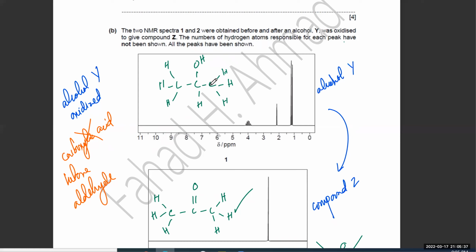The CH3s will have one peak, the H will have another peak, and the OH will have another peak. So how much splitting for the CH3 peak over here? Singlet, doublet, triplet? The neighboring carbon atom has how many H's? Doublet. So it's going to be a doublet, okay? So it's this one.